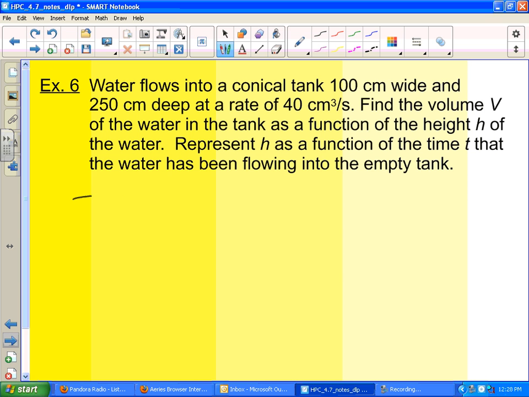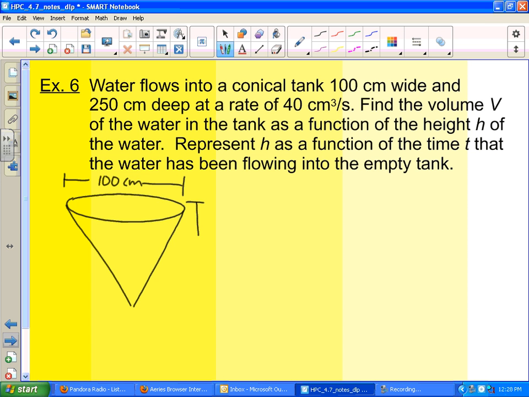So I've got this 100 centimeters wide, 250 centimeters deep. Okay, so we're not quite to proportion. And by the way, if I ever have sketches, don't assume they're proportional.